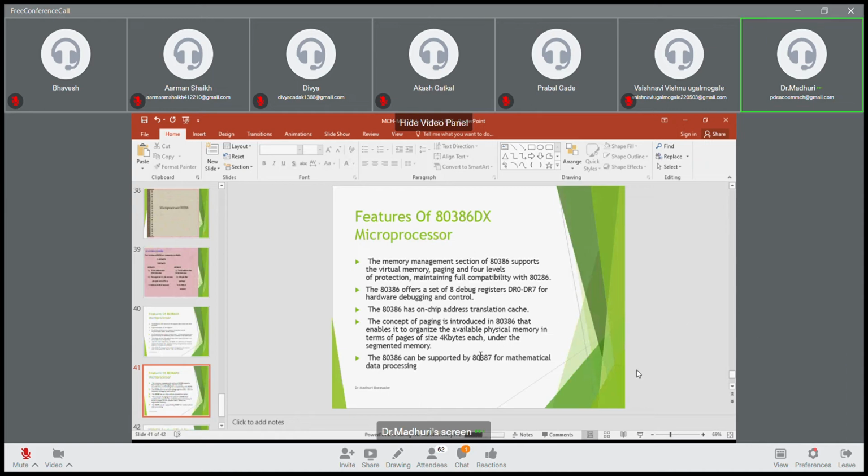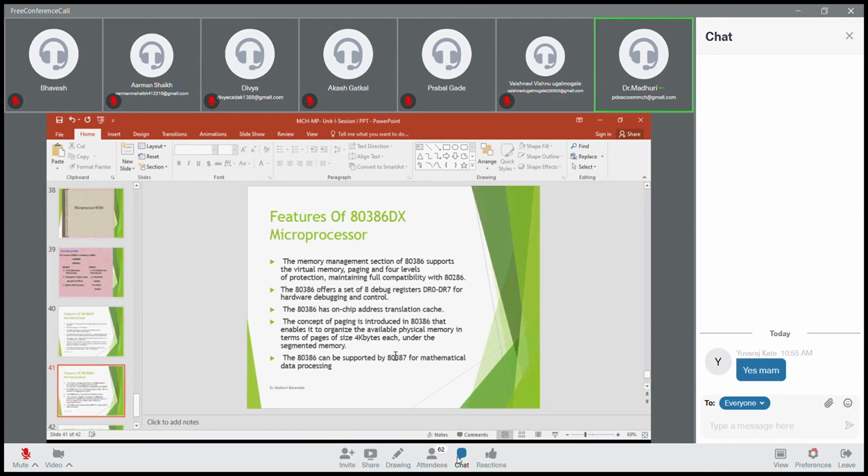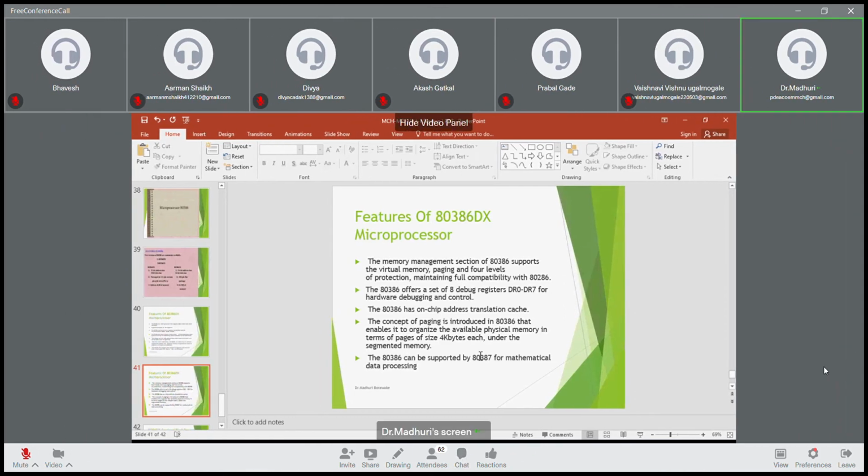It has an on-chip address translation cache memory. They have provided the on-chip cache memory, and the new concept of paging is included in this version. Now it supports the 387. I have already explained the 387.